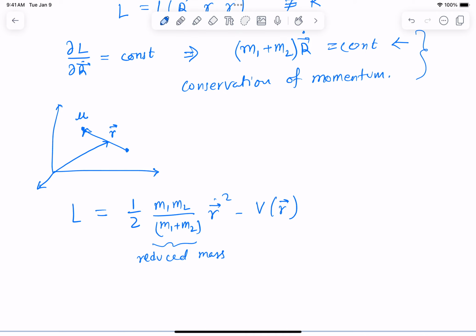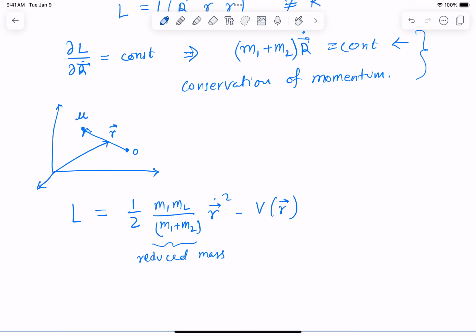So you can think of the whole problem, which is a two-object problem, as now reduced into a one-object problem where the object has a reduced mass mu and it moves with respect to the other mass, which is here, the origin.